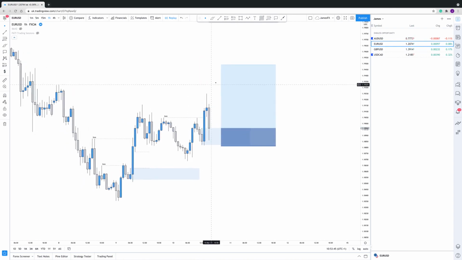But what this essentially is, is price pulling back, rebalancing the inefficiency left on this move up, which you can see more clearly on a lower time frame. But we've mitigated, meaning a close of sell positions, stacking more buy positions. So the expectation now is for price to continue making higher highs.